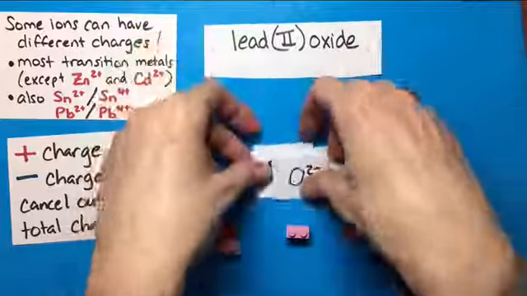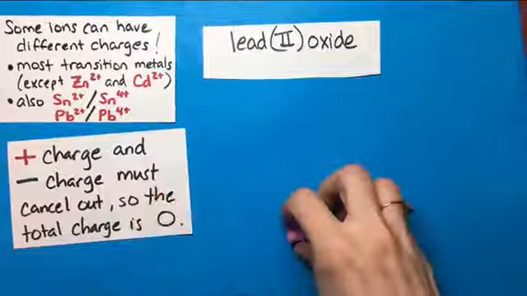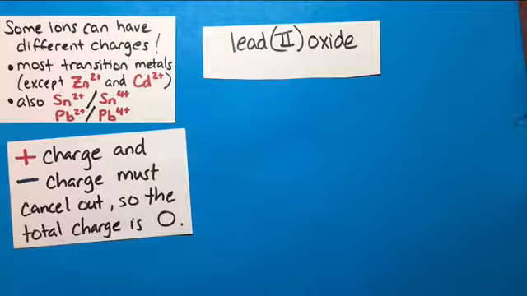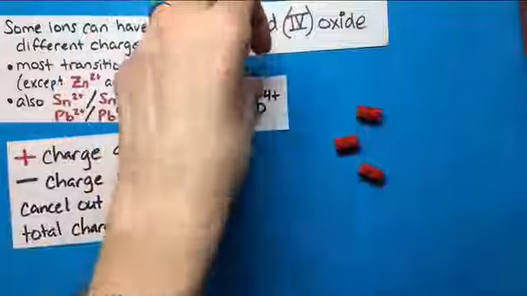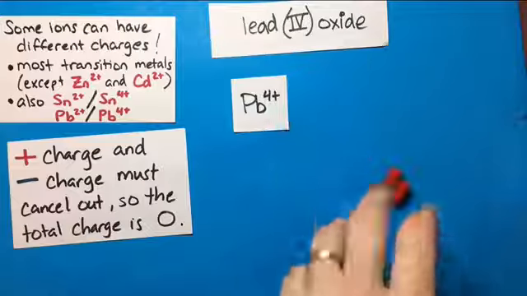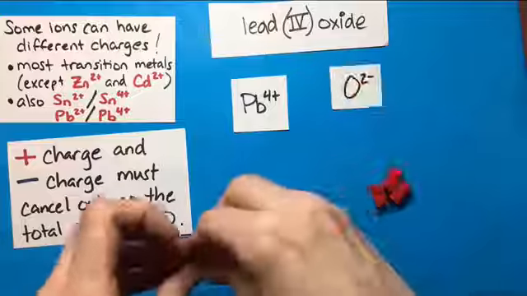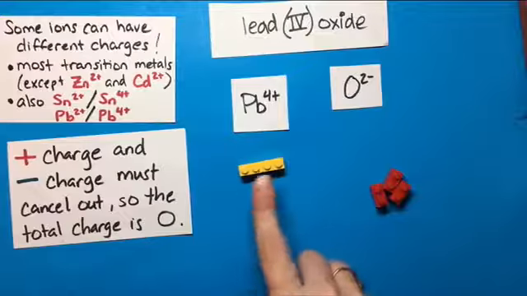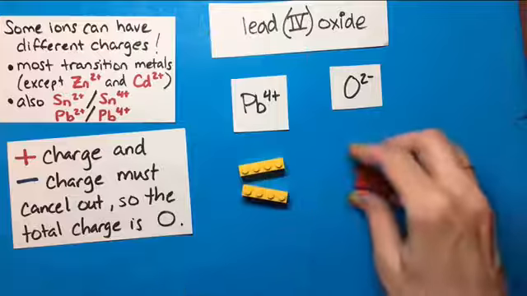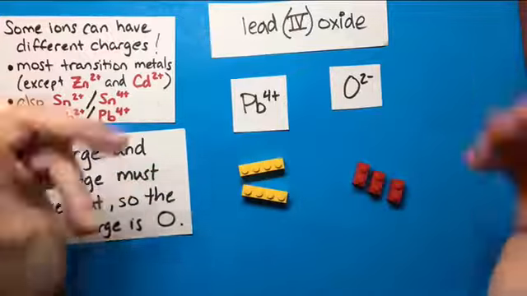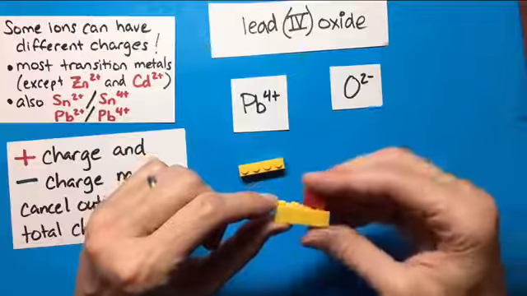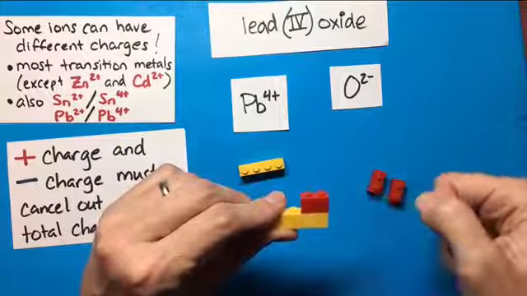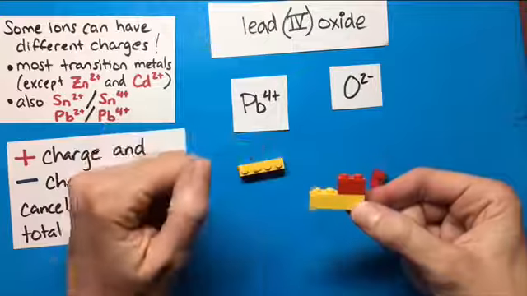If we contrast that with lead(IV) oxide, this time we can still use these red Legos to represent our oxygen, but this time I need a different size Lego to represent my lead. I'm going to use these yellow Legos that have 4 circles on top to represent lead. So how many of each kind of ion do I need now? If I have one lead ion with a charge of +4, with one oxide ion with a charge of -2, they don't exactly cancel out.